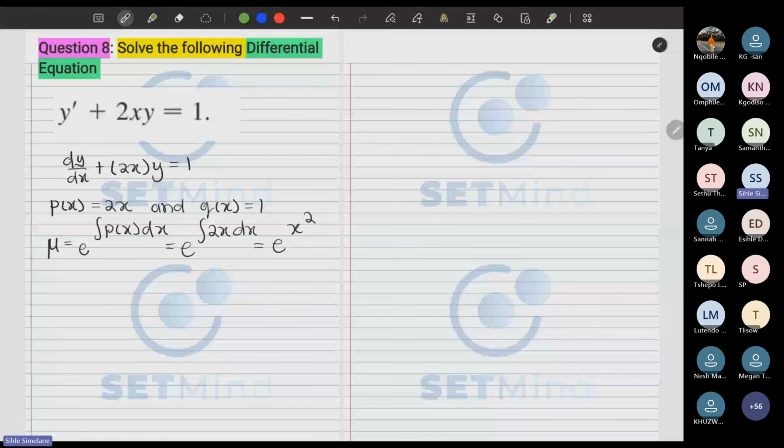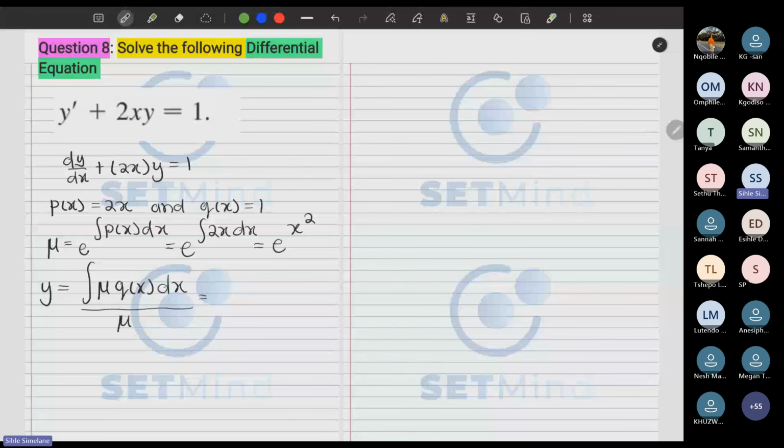Let me see, did I get that correct? Yep, I did. And then now we can go ahead and find our y. So remember that your y is simply the integral of mu and then q of x dx divided by that factor.